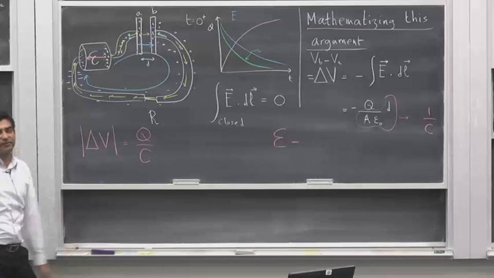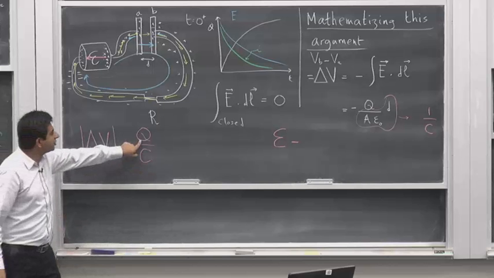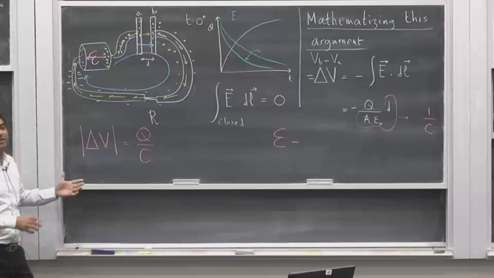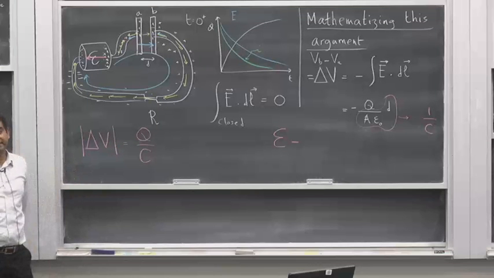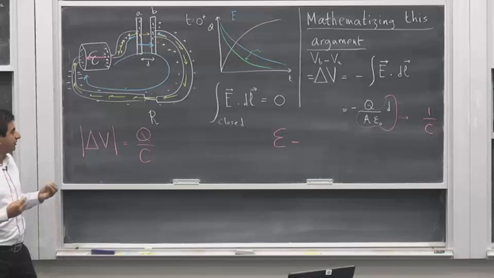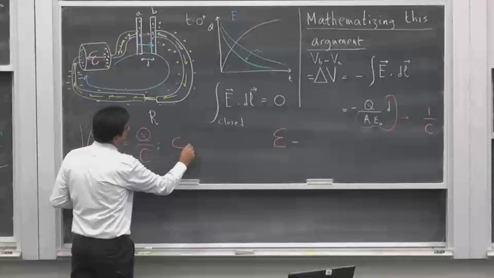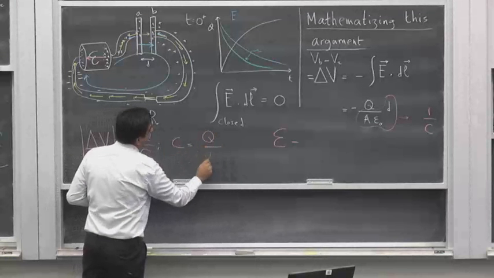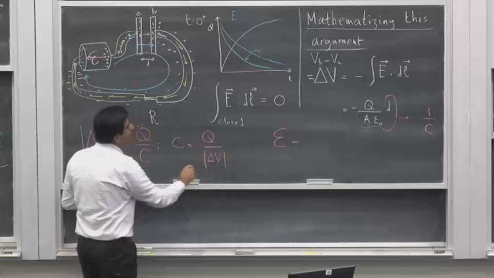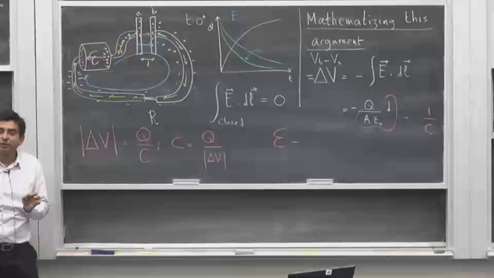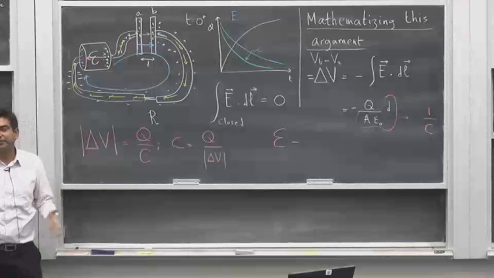It's a constant C that depends upon the geometry of this capacitor. Or the charge on the capacitor is C times the potential drop between the plates. C is really Q over delta V. It's the amount of charge that a capacitor can hold per unit potential difference across the plates.